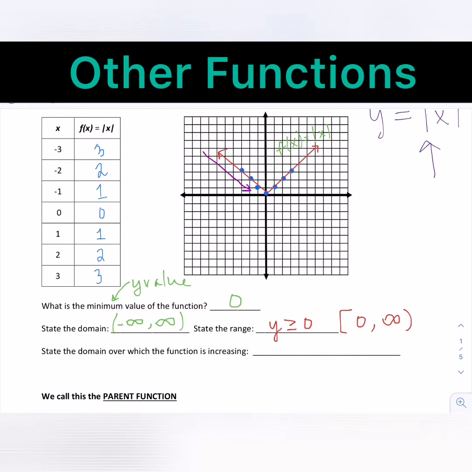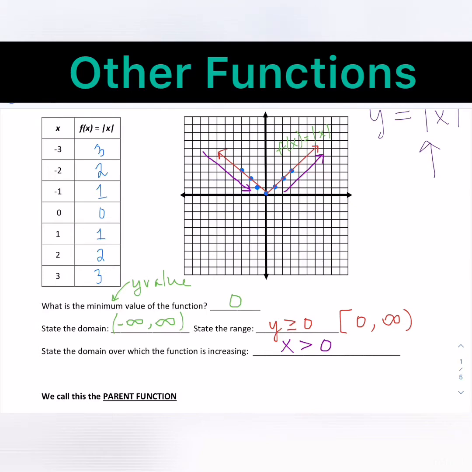And then what does it start doing? It starts to increase, increase, increase. So this function is increasing to the right of 0. As soon as it hits 0, then it starts to increase. So it's increasing when x is greater than 0.